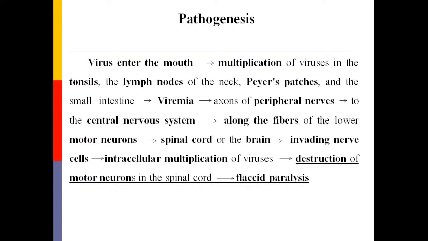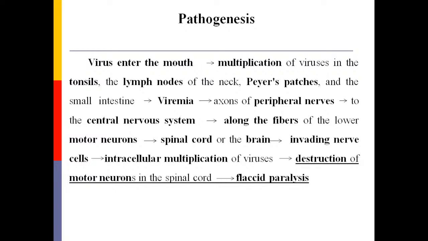Then it causes intracellular multiplication of viruses in motor neurons, in spinal cord cells and brain cells, and it causes destruction of motor neurons in the spinal cord. Motor neurons are destroyed and it causes flaccid paralysis.